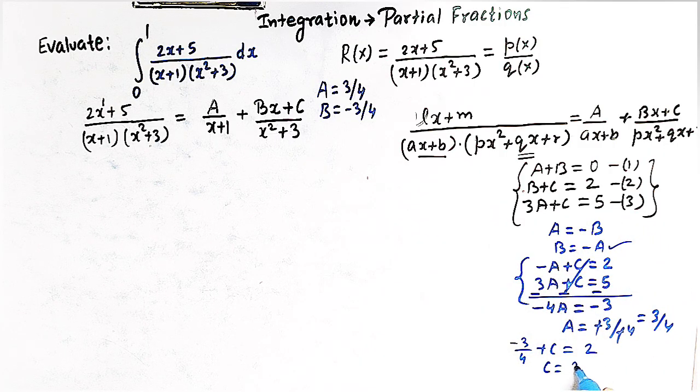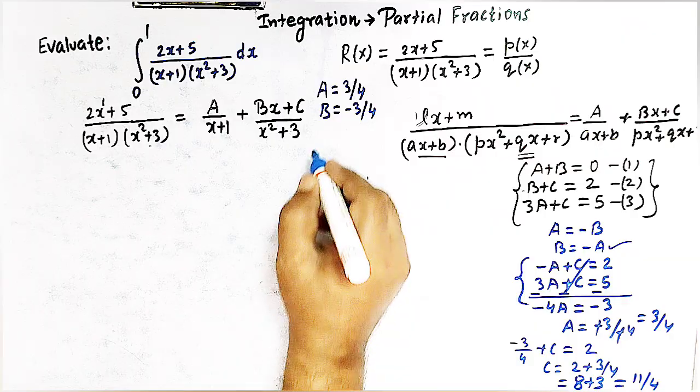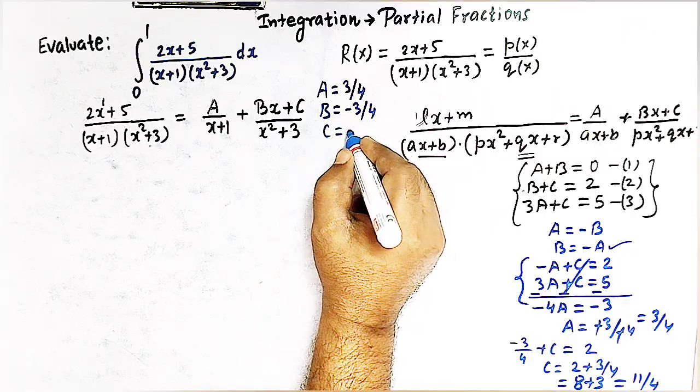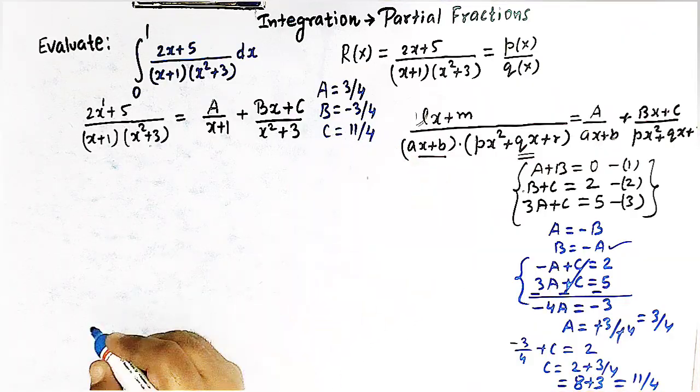So c is 2 plus 3 over 4, taking minus 3 by 4 to this side. And here we have 4 times 2, 8 plus 3 over 4, that is 11 over 4. So the value of c is 11 over 4, right?